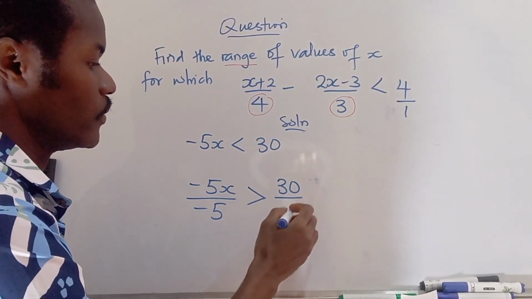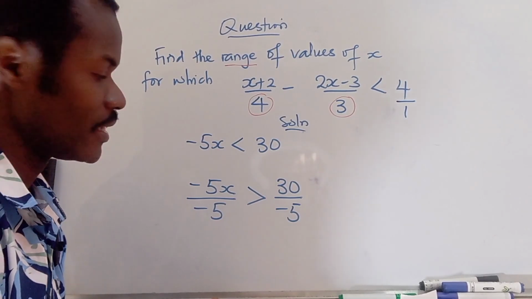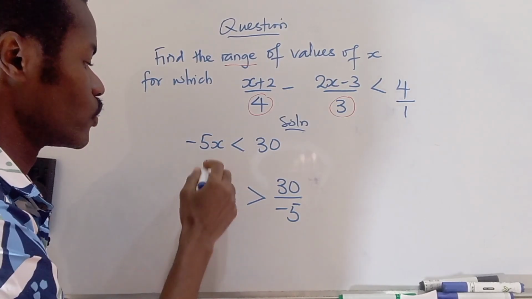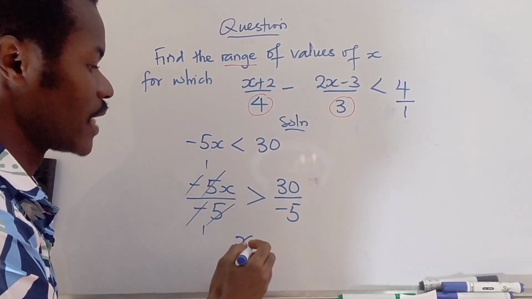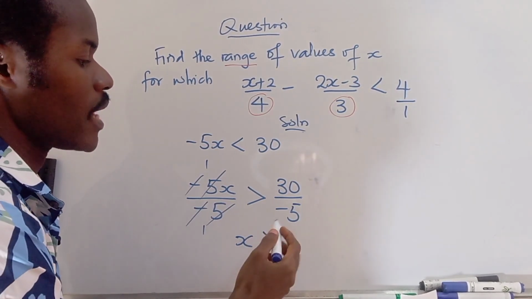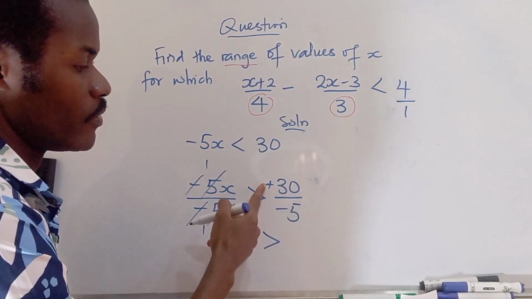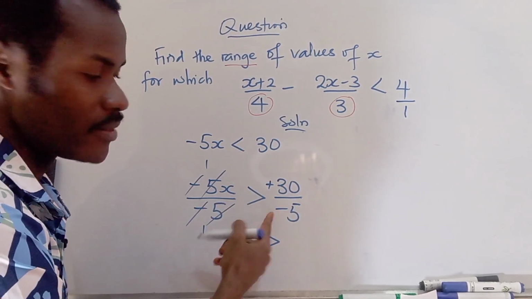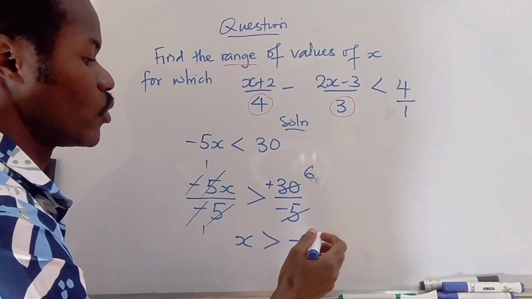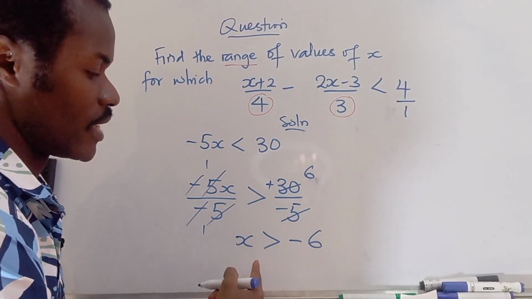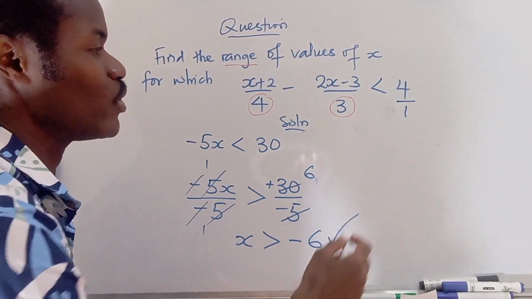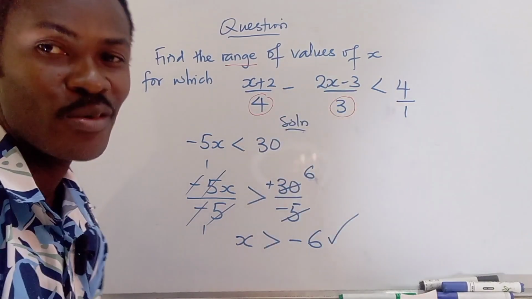So we have minus 5 dividing 30. Minus will cancel out the minus, 5 will cancel out 5 is 1, 1. So we are left with x, which is greater than. Plus divided by minus here is going to give us minus. So 30 divided by 5 is 6. So we have x is greater than minus 6. So that gives us the solution to this problem.